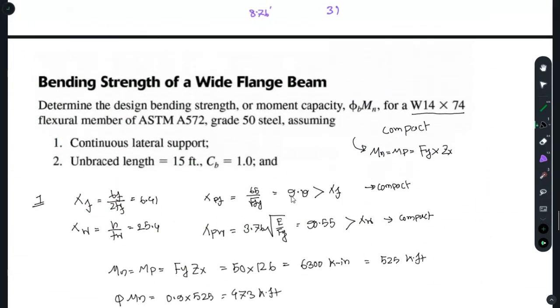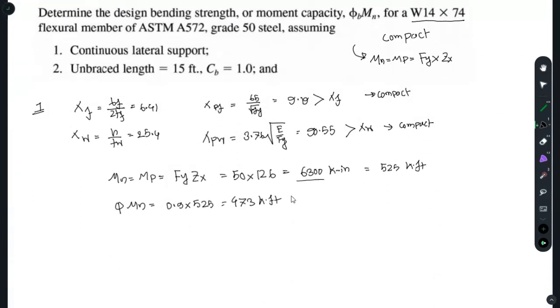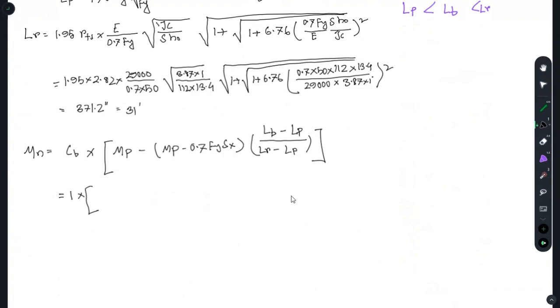That's the thing. So your Cb value is 1, your Mp value is, we got that in the first math, sorry, this math, which is actually 6300 kip-inch. So we know that that is 6300 kip-inch. Your Fy is 0.7 times 50, and your Sx value you'll get from the AISC manual, that is 112, and your Lb value in this math is 15, and Lp value is 8.76, and your Lr value is 31.